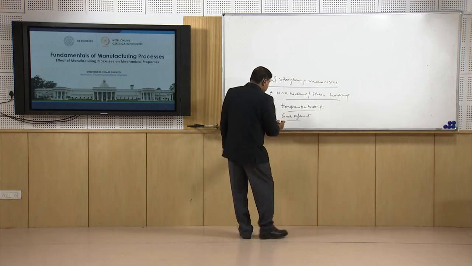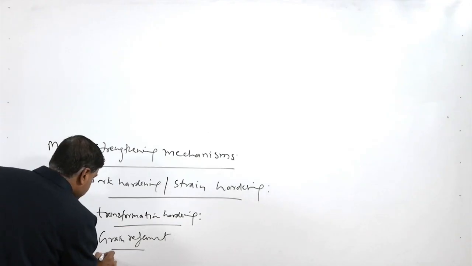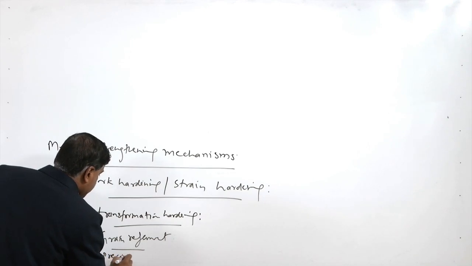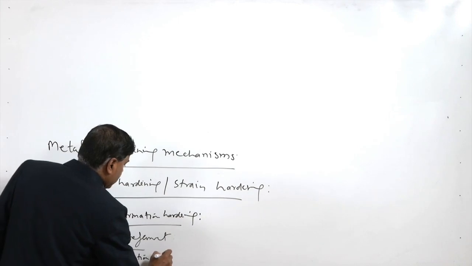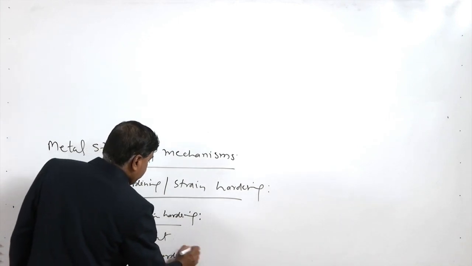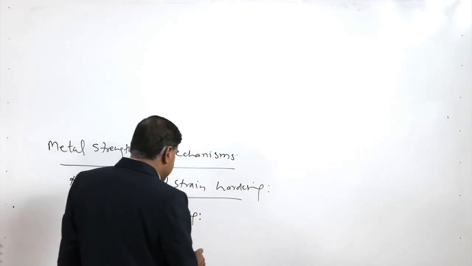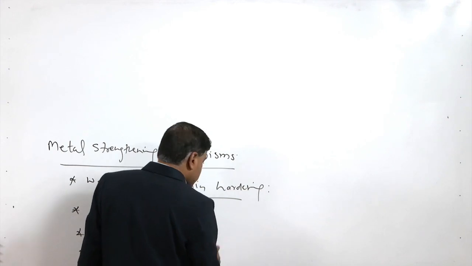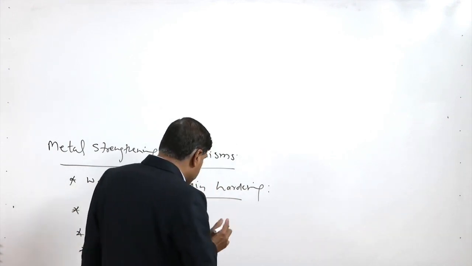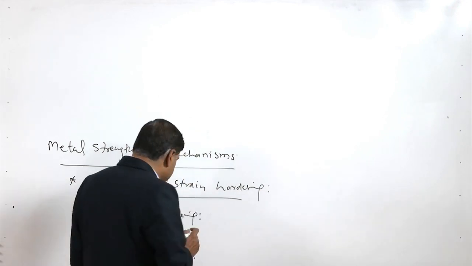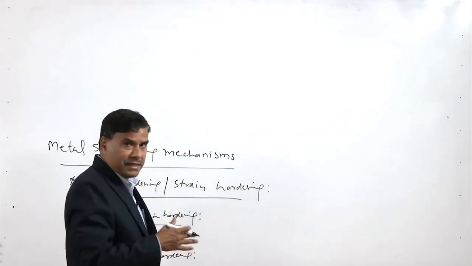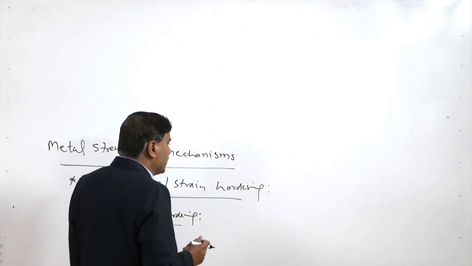Now, there is one more mechanism that can be important in determining the mechanical properties of the material during the manufacturing, that is the precipitation hardening. This mechanism works in those cases, or it is important in those cases where the precipitation strengthening is the mechanism that is governing the strength of the given metal.